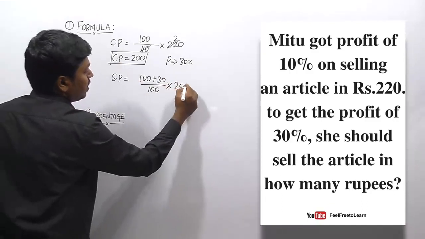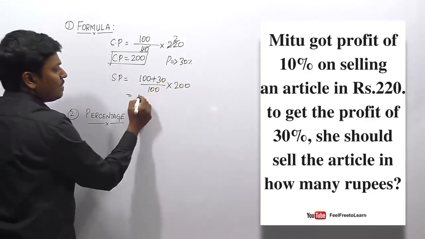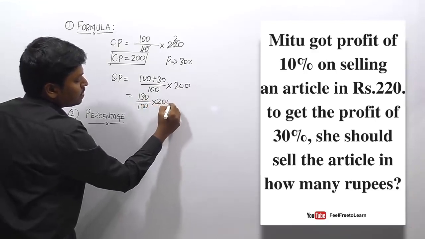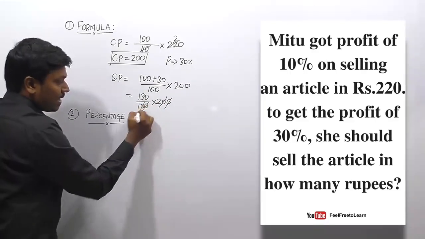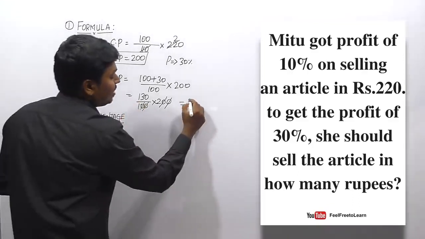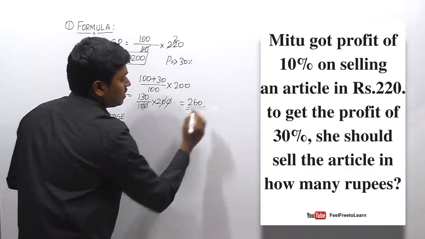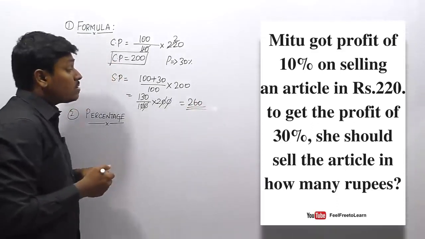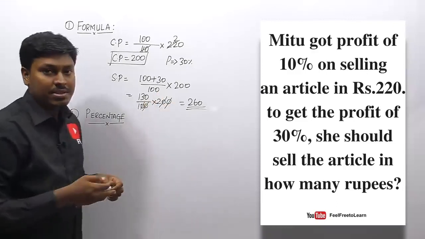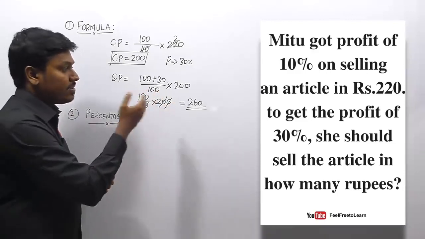Cost price will be 200. So 100 plus 30 will be 130. 130 divided by 100 into 200. We can cancel 0 and 0, again we can cancel 0 and 0. So 130 into 2 will be 260. So friends, if she wants to gain 30 percent, then she needs to sell the article for 260 rupees. So the answer to that question will be 260.